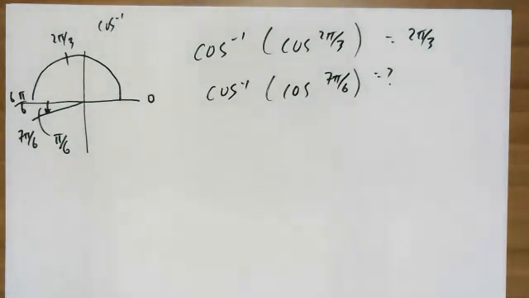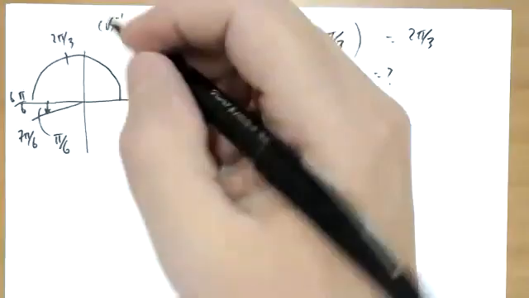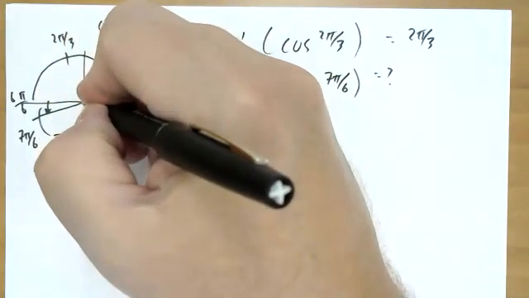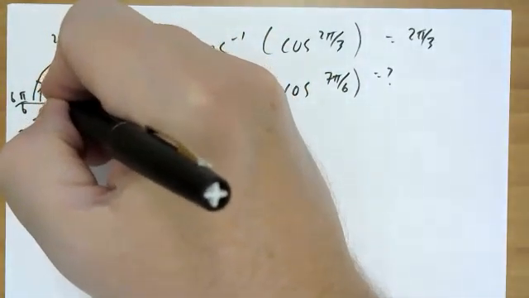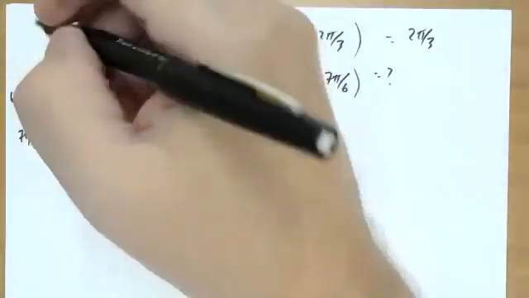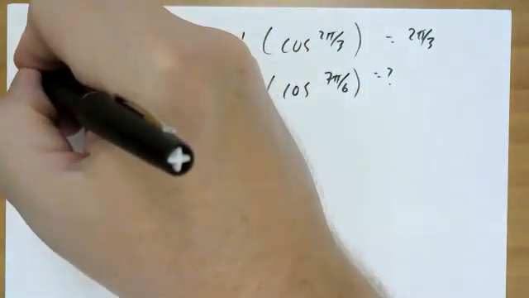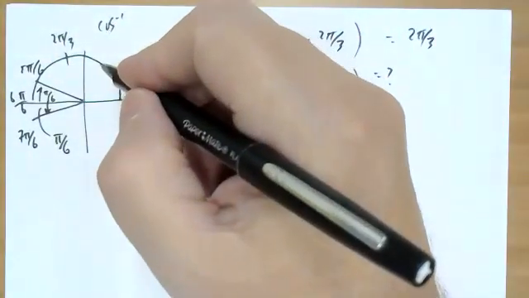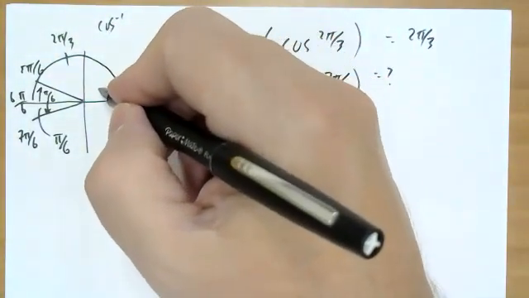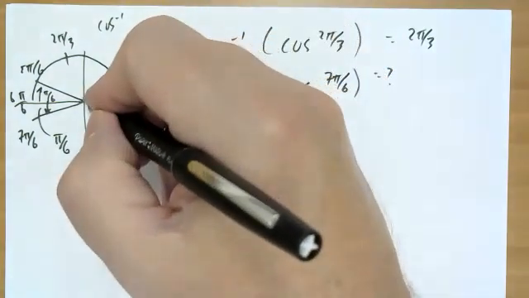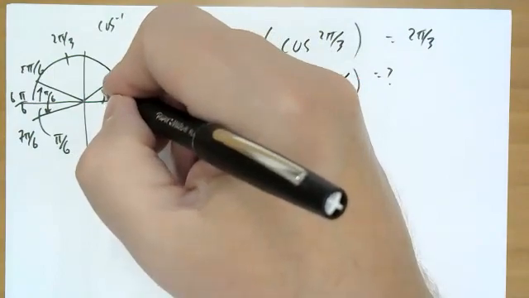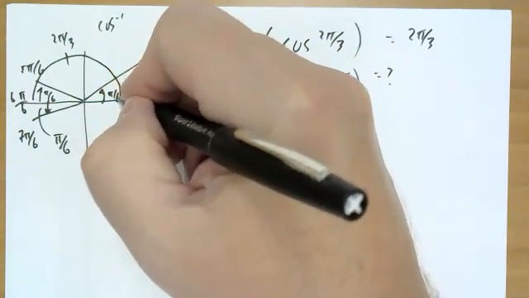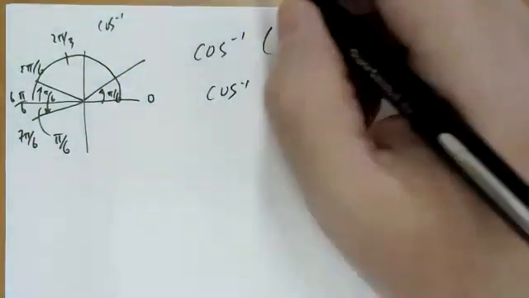So if I draw the two reference angles in my allowed region, I'm going to move pi over 6. So this is going to become 5 pi over 6. And then my other reference angle, pi over 6.